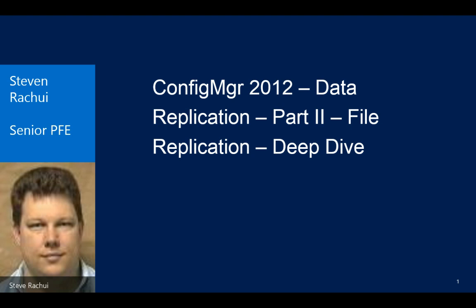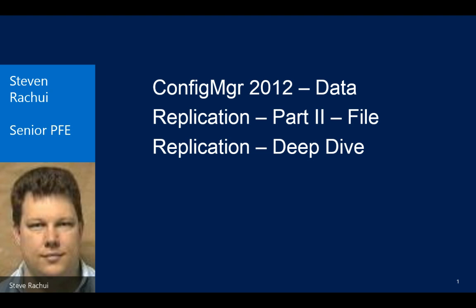Today's discussion will be part 2 of a series that we're doing talking about data replication in Configuration Manager 2012. So there'll be a total of three parts to this discussion. Part 1 was basically an introduction to the concepts of data replication, talking about how in Configuration Manager 2012 data movement throughout the hierarchy is really classified into two big broad buckets.